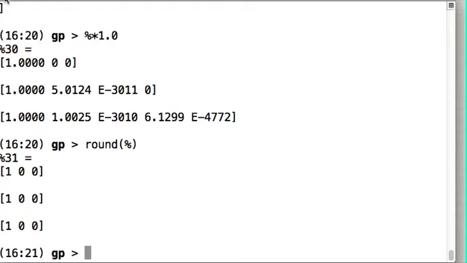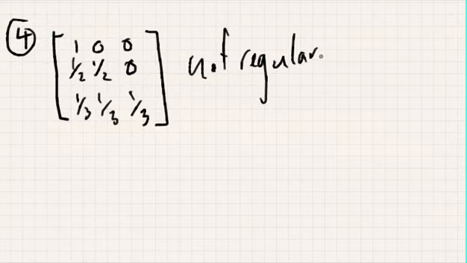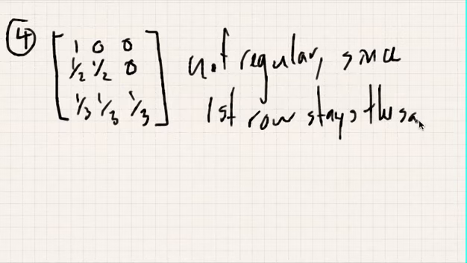Cool. Great. So this is not regular since, for example, the first row will always stay the same. So that is not regular. That is not the sort of thing that we want to consider.